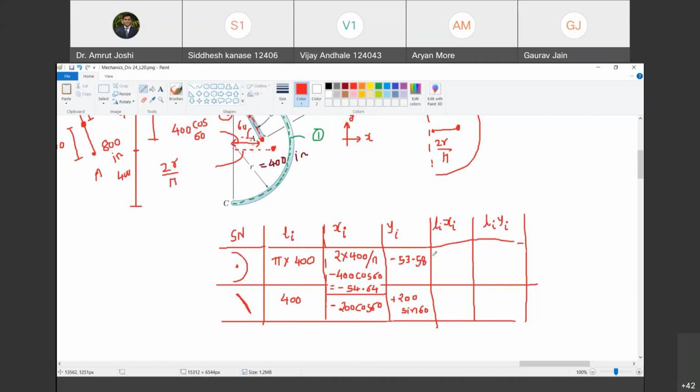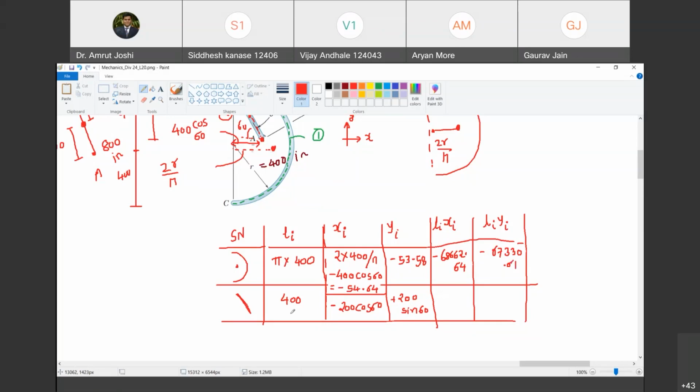So minus 68,662.64. Okay. What is Li yi? Pi into 400 multiplied by minus 53.58. So minus 67,330.61.